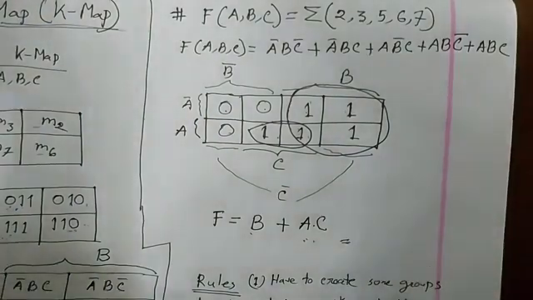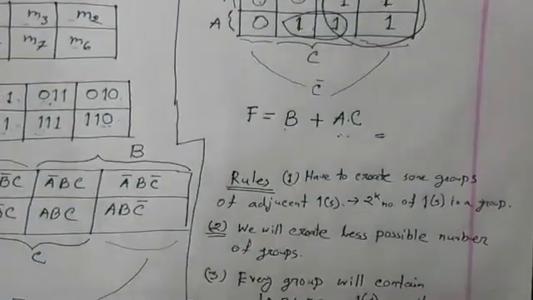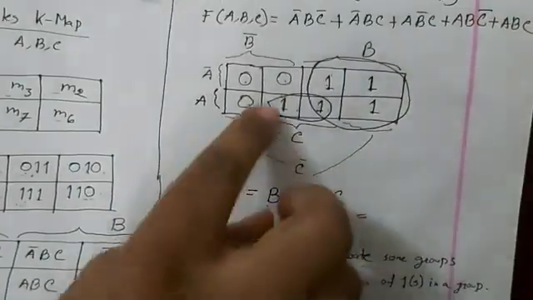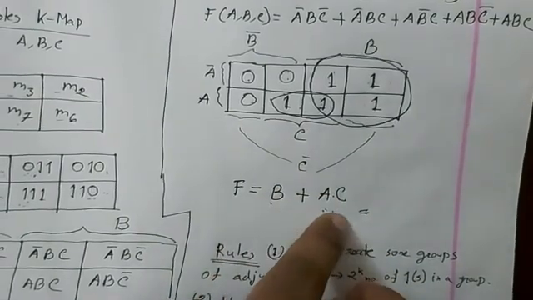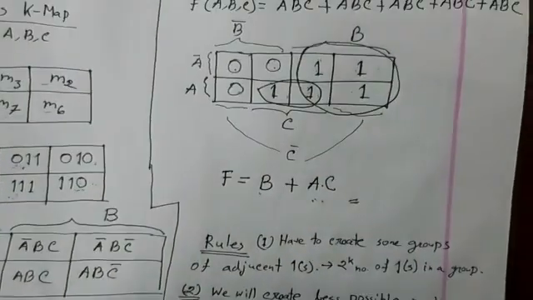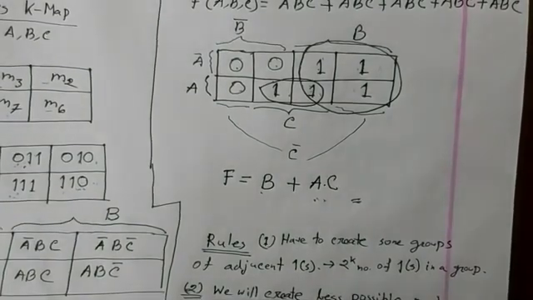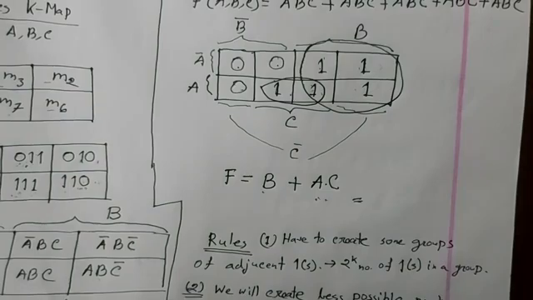Now here is another important thing that I have to tell you. What was our rule number 2 saying here? Hopefully you already got how we got the equation. Our rule number 2 was saying that we should create a smaller number of groups. Now why is it like that?